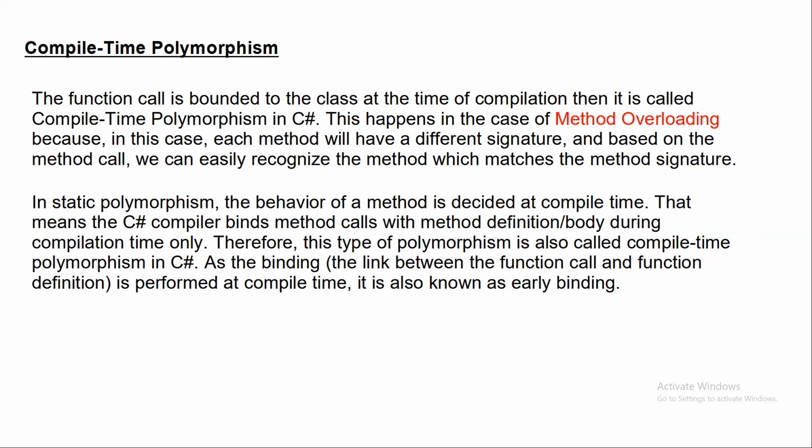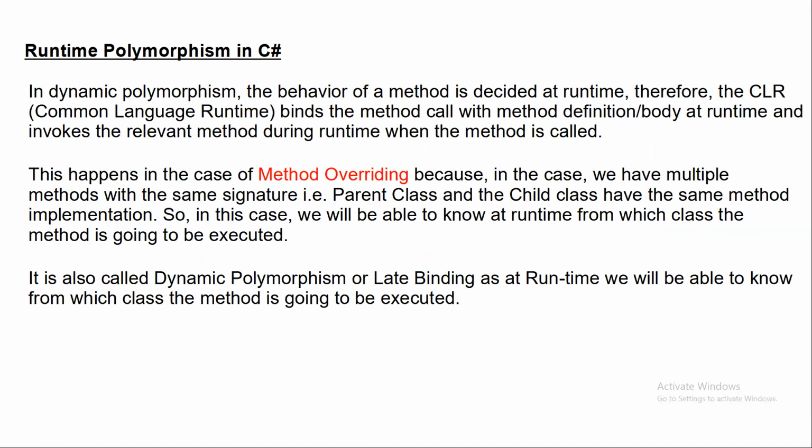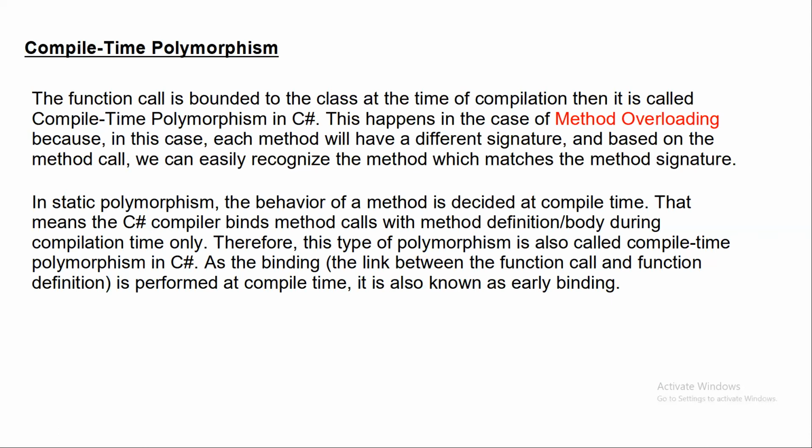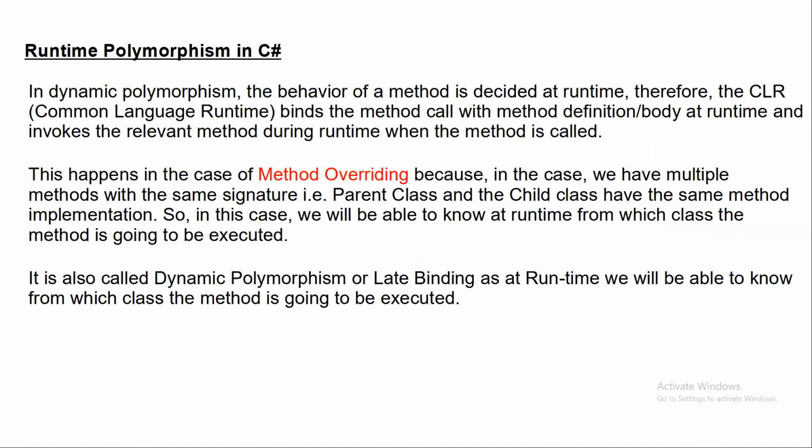That is called compile time polymorphism. The best example is method overloading. And runtime polymorphism is during runtime only, your CLR binds that particular method. It is called dynamic polymorphism or runtime polymorphism or late binding.